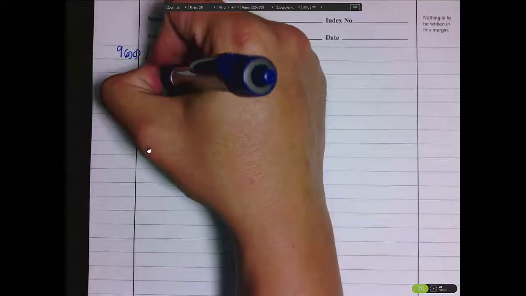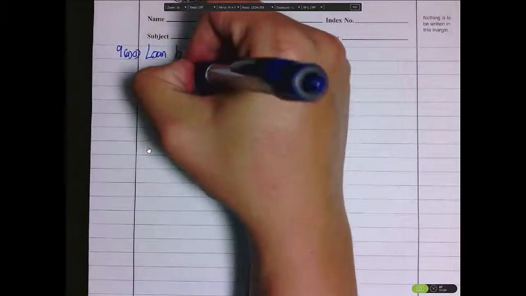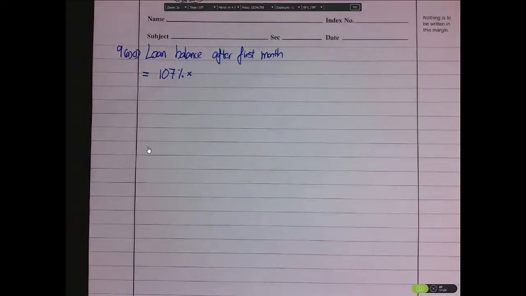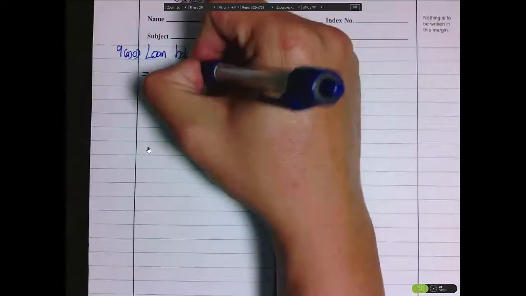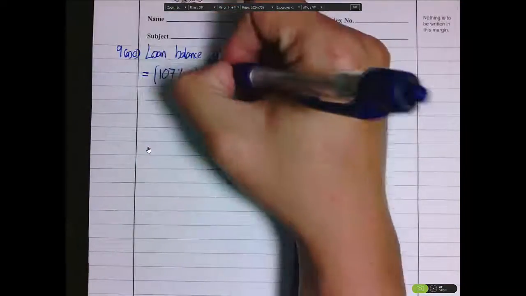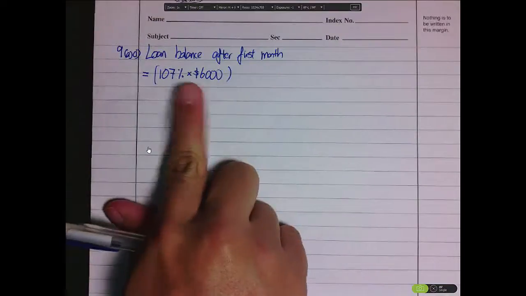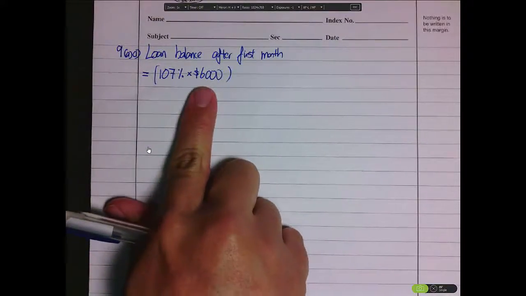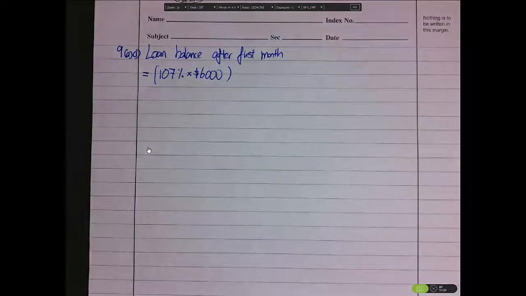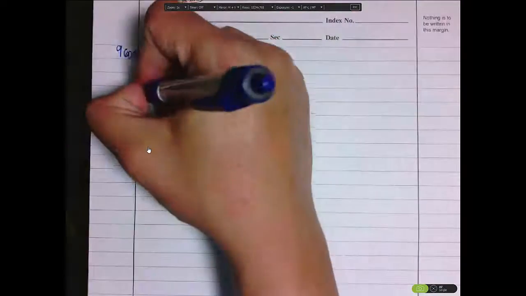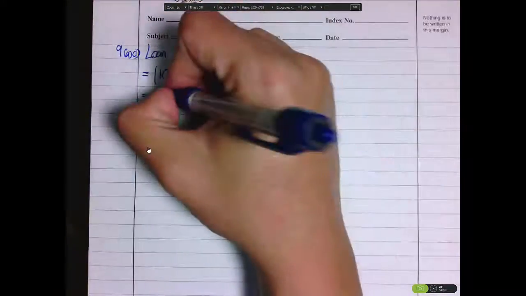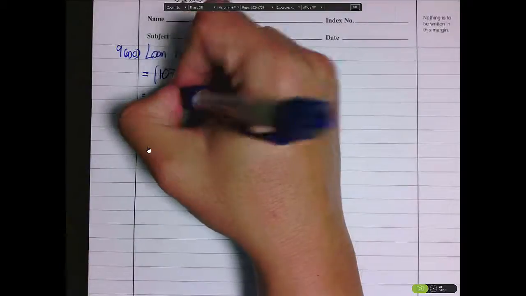So first I take 107% of the amount I would have had to pay, which is $6,000. The 7% is for the interest incurred on this $6,000, and then the loan balance, because he will pay back Y dollars, minus Y. So in the end, what we have after the first month is 6420 minus Y dollars.